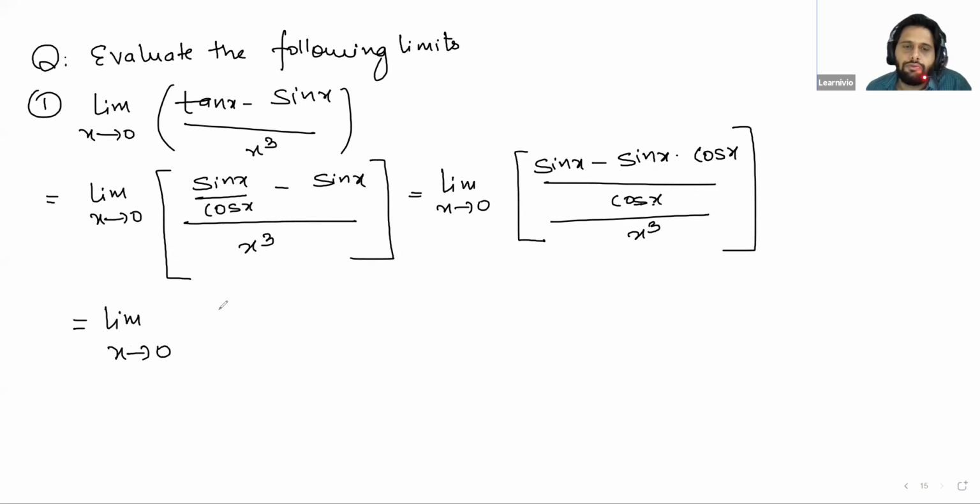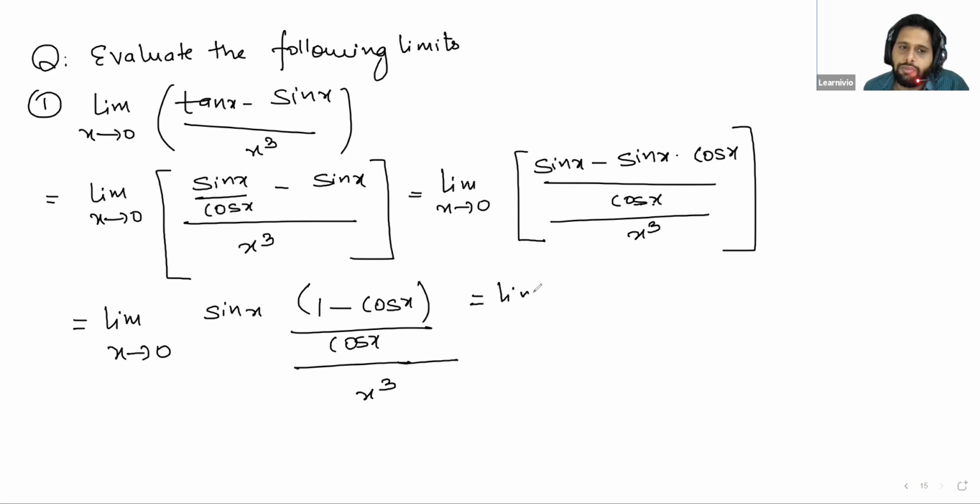Limit x tends to 0, and in the numerator take sin x common, so you will get 1 minus cos x by cos x by x cube. So this will give you limit x tends to 0, and this is sin x. This will become cos x. 1 minus cos x, and this will give you x cube.